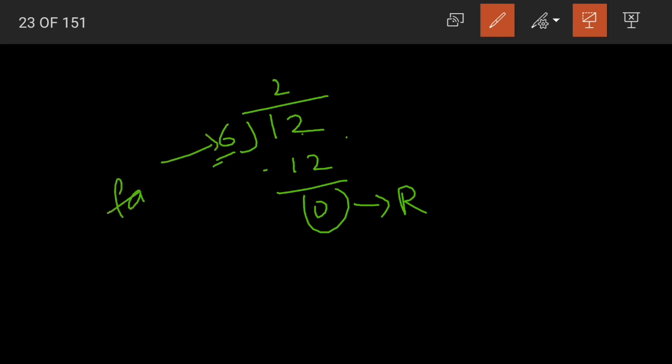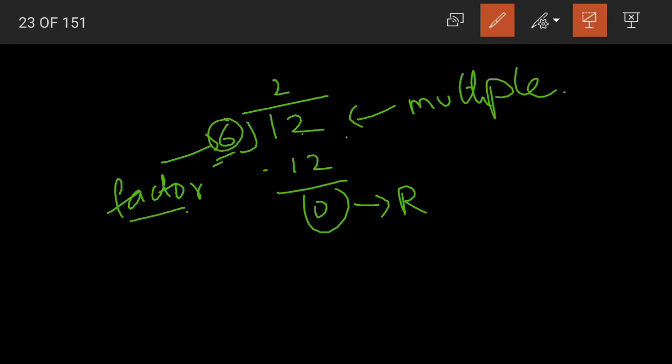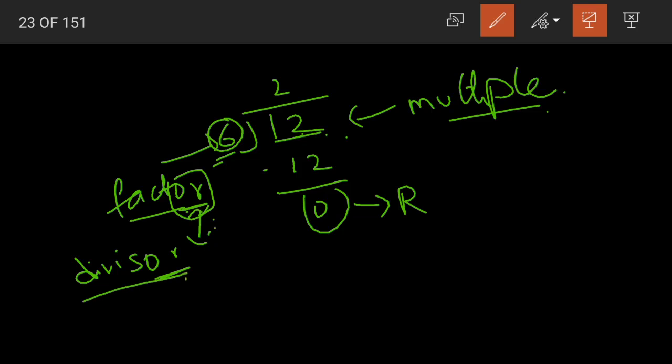So what does 6 become? 6 becomes our factor and the dividend here becomes our multiple of 6. The divisor becomes our factor and the dividend becomes our multiple.